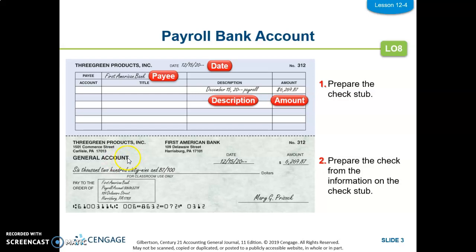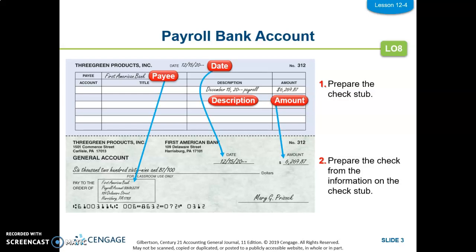So the general account is what we're writing the check out of, and we're going to put it into this First American Bank payroll account. Just moving the net pay over so we could segregate and separate and track separately in payroll, only payroll related transactions.